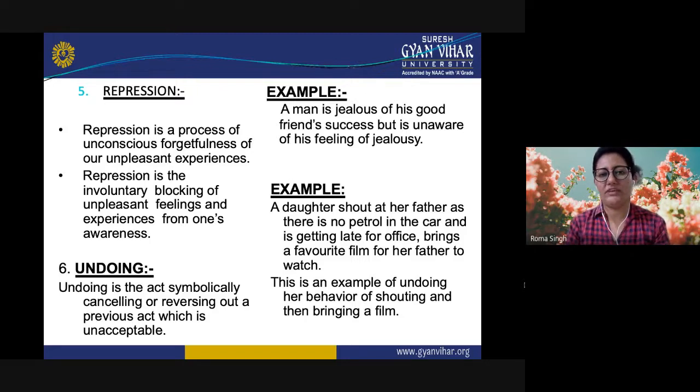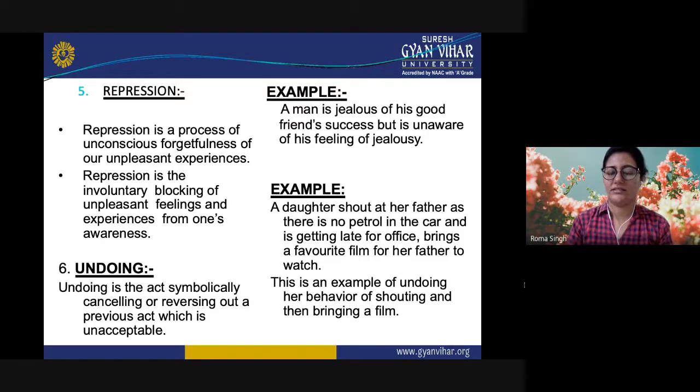For example, we can say a man is jealous of his good friend's success, but is unaware of his feeling of jealousy. So he does not know that he is becoming jealous of his friend because he has become successful. He has got admission into a good institution, or he has got a good package job.